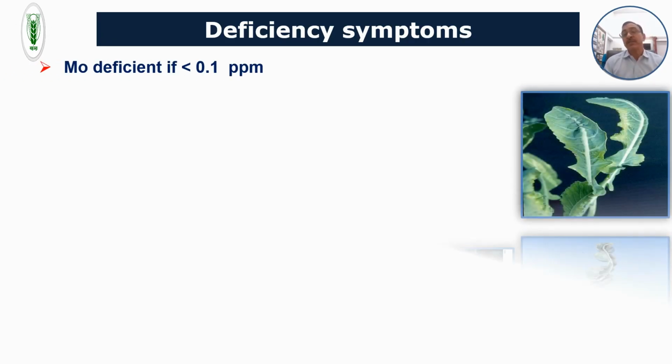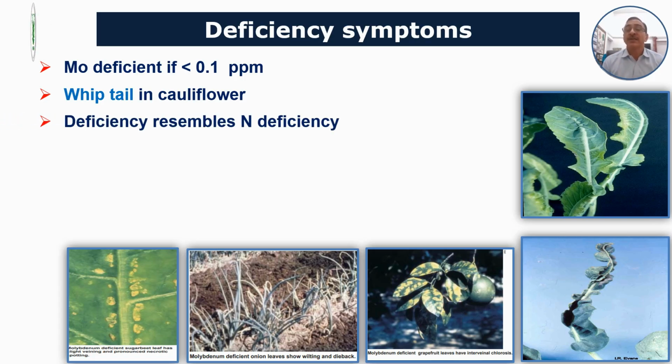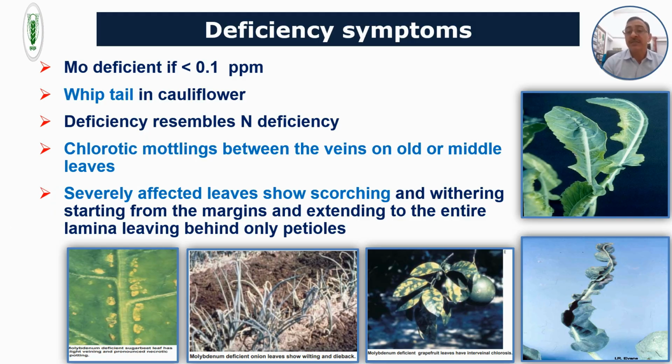Among the symptoms, there is one typical symptom of molybdenum deficiency recorded for cauliflower, the whip-tail disease. The leaf turns just like a tail, so it is called whip-tail disease. Other symptoms may be chlorotic mottling between the veins on old and middle leaves.